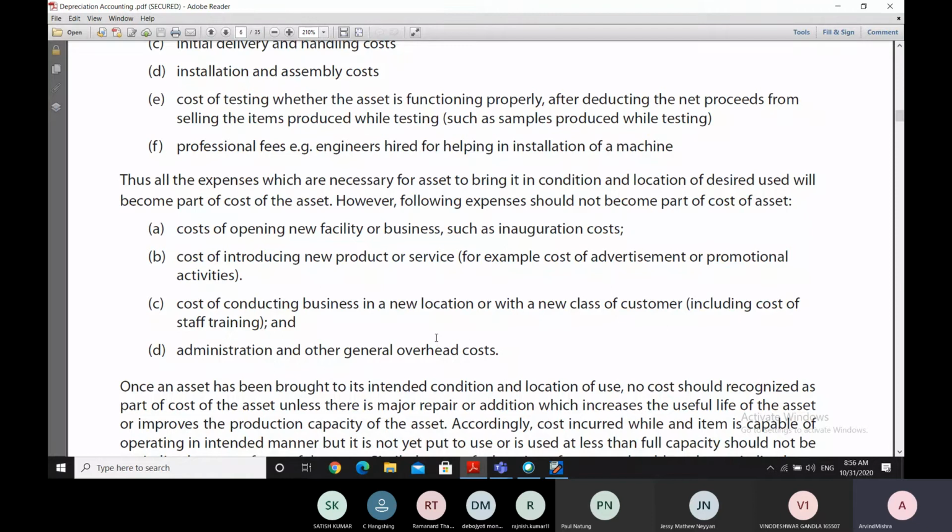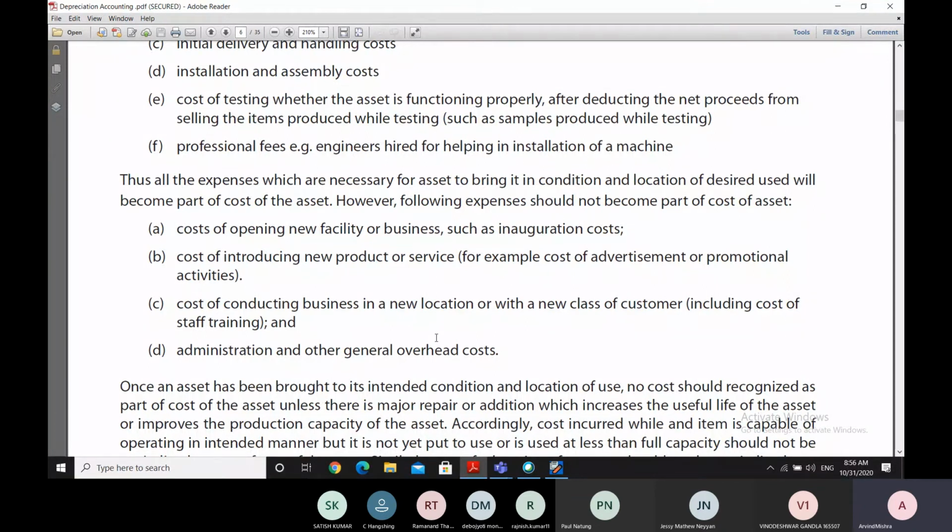So any costs which are incurred for conducting the business in a new location or for any new class of customer will also not be included in the cost of the asset, and that includes cost of staff training. If we have incurred any cost for the training of the staff, that cost will also not be included as part of the cost of asset. So training costs are not part of cost of asset.